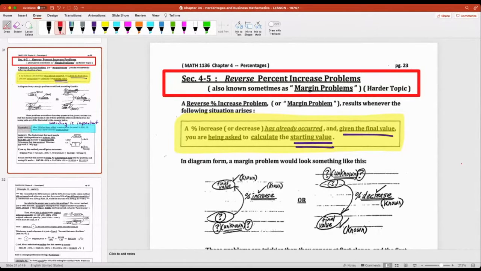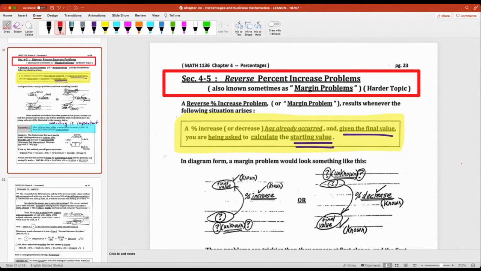We ended off last class talking about how you can have a percent increase or a percent decrease, and we didn't talk about the reverse situation, which is what this section's talking about. In other words, if you had a percent increase or decrease, and you know the final value, and you wanted to go back and find the starting value.